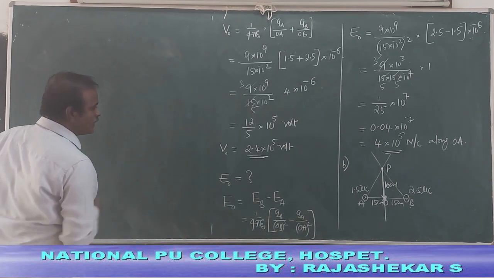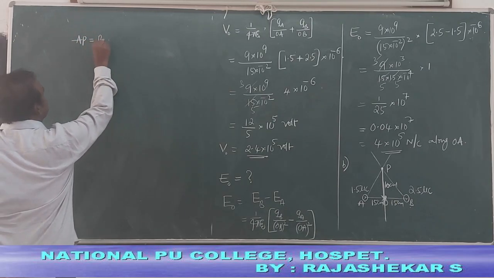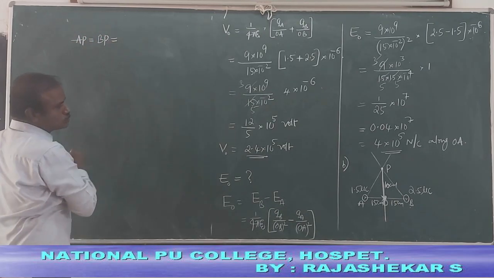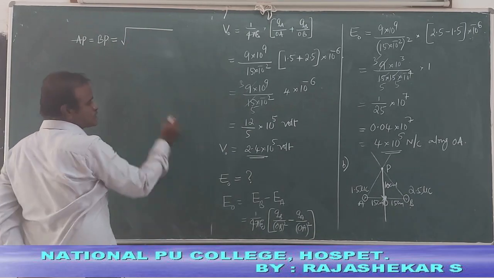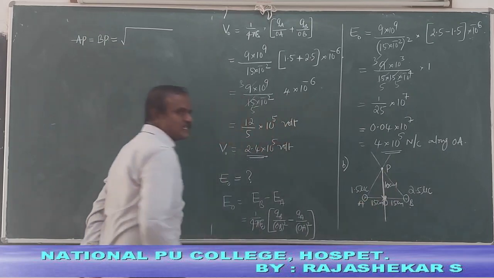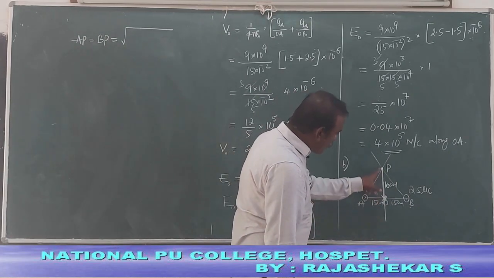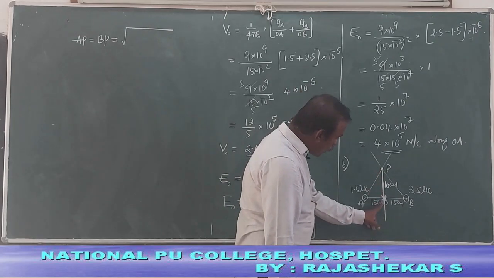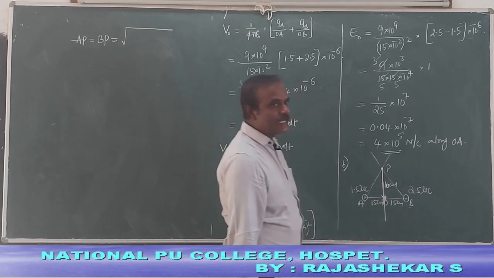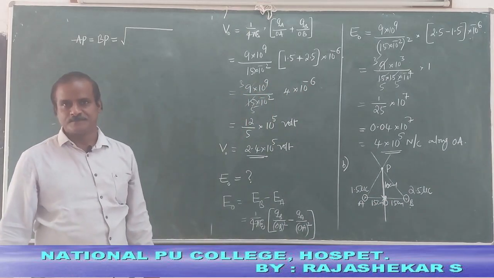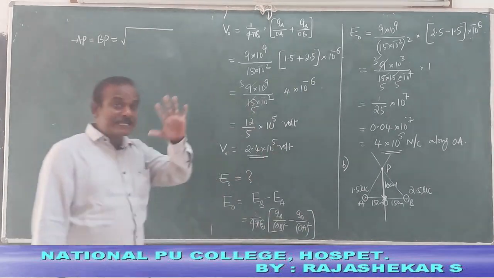Now we have to find the distance AP, which is the same as BP, equal to square root of, remember, OA and OB are the same, that is 15 centimeter. Remember, AOP is a right angle triangle. Similarly, BOP is also a right angle triangle.